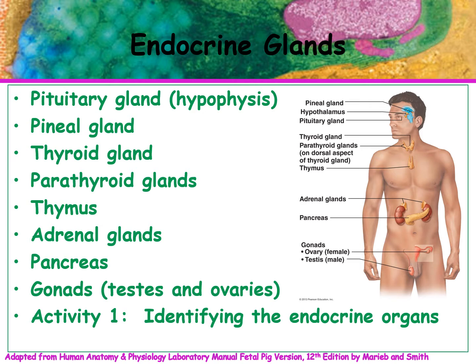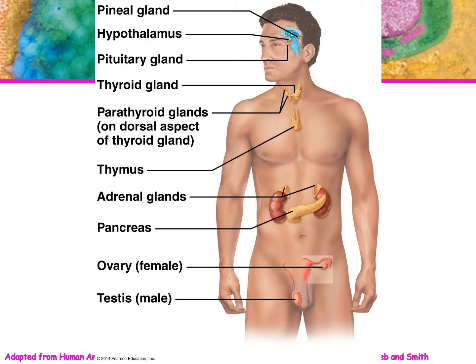When we look at endocrine glands as a whole, we want to be able to identify these endocrine glands on a diagram. Superiorly, we have the pineal gland, which is located in the roof of the third ventricle. We have the hypothalamus, which is located anteriorly in the cerebrum.